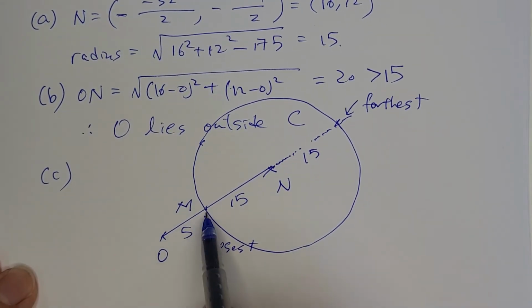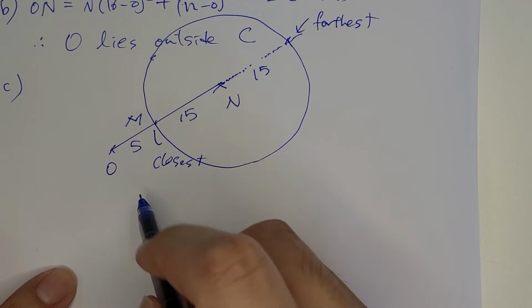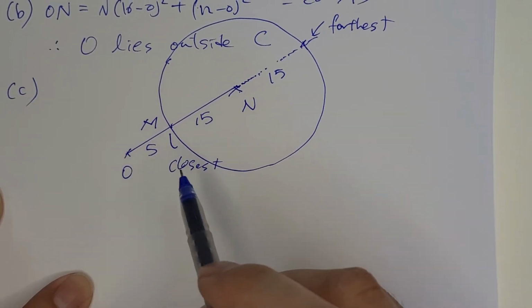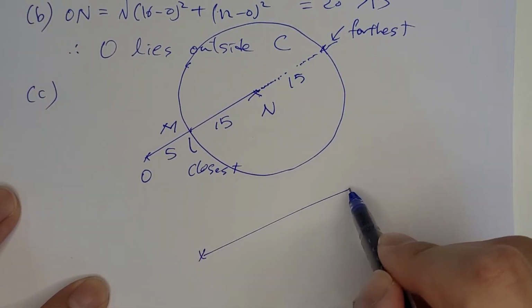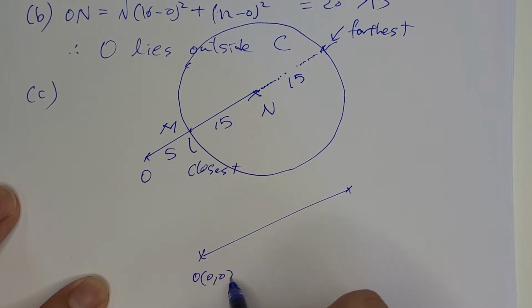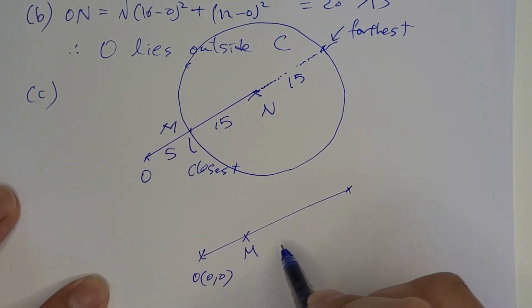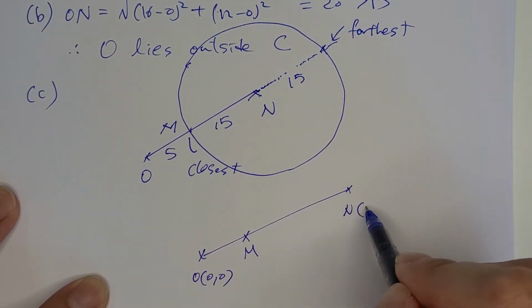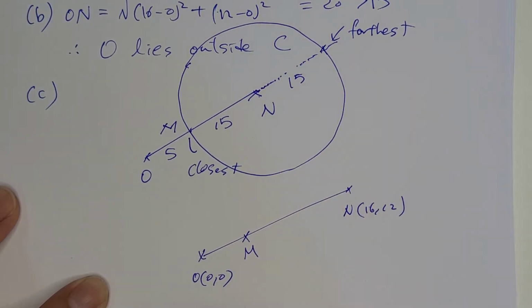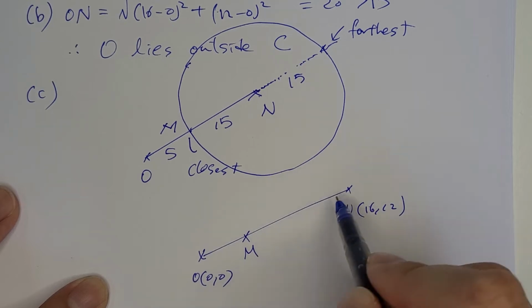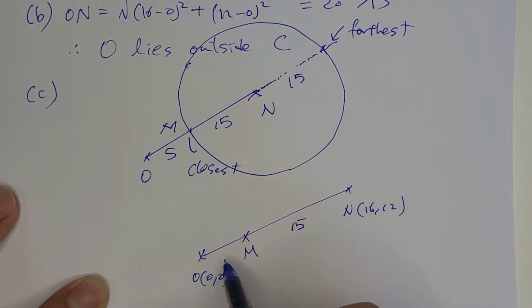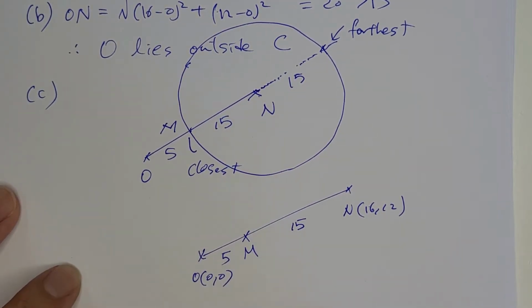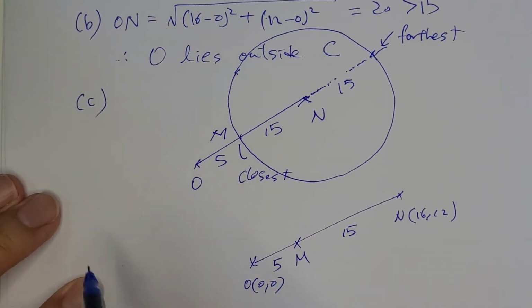So how do we find the coordinates of this point? You can extract OMN here. O is 0, 0. M is unknown. N is 16, 12. And the length MN, that is the radius of the circle, 15. OM would be 5. So you can use the point of division.